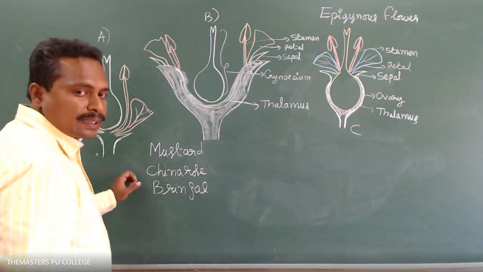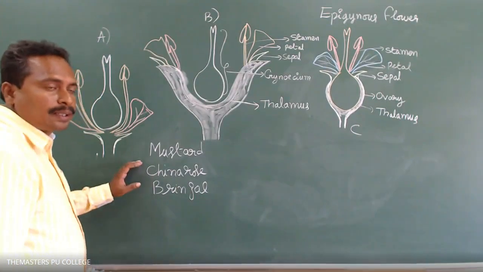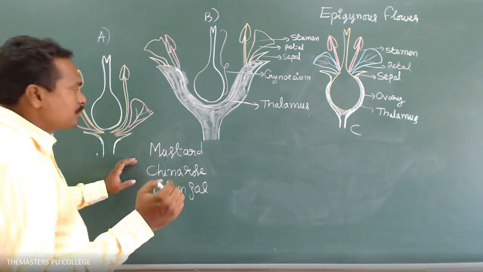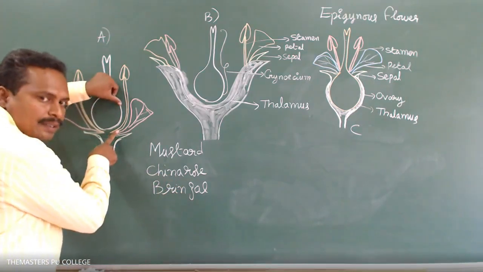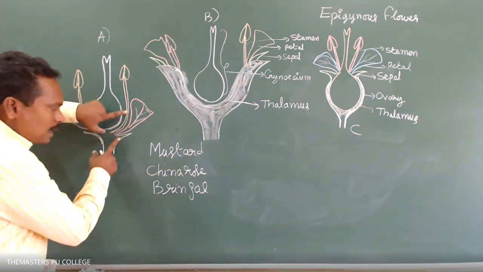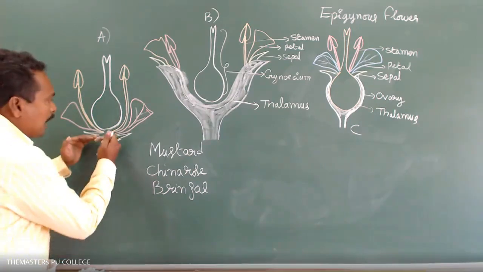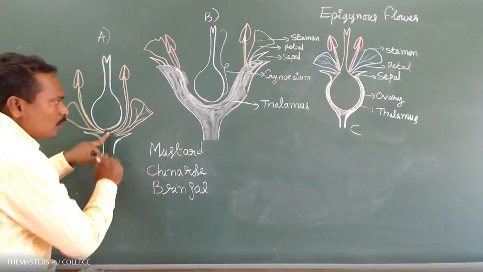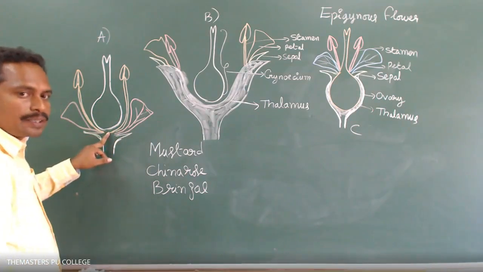In hypogynous flowers, the stamens, petals, and sepals are arranged below the ovary, below the gynoecium.